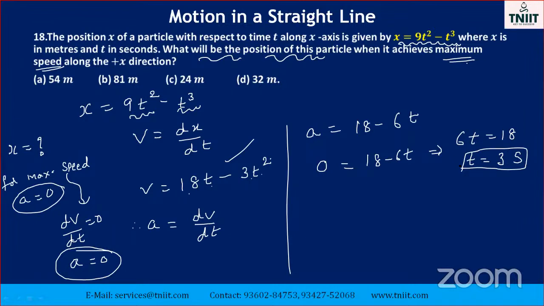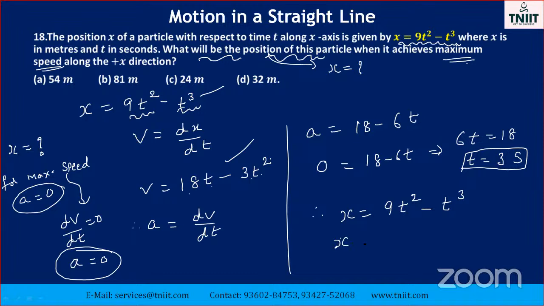If time is 3 seconds, how to find the value of x? They're asking you to find the position, right? To find the position x for this time, use this equation: x is equal to 9t squared minus t cube.